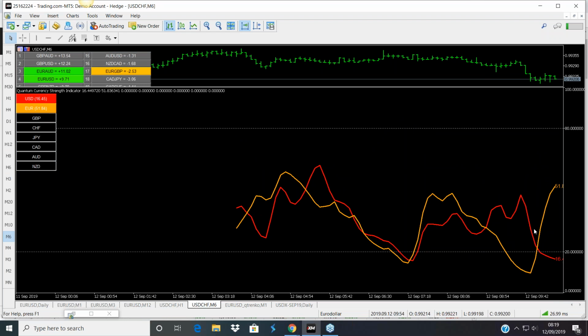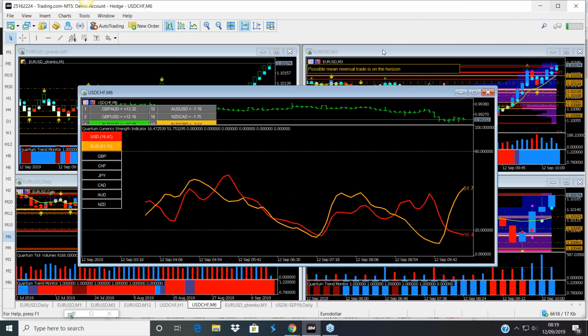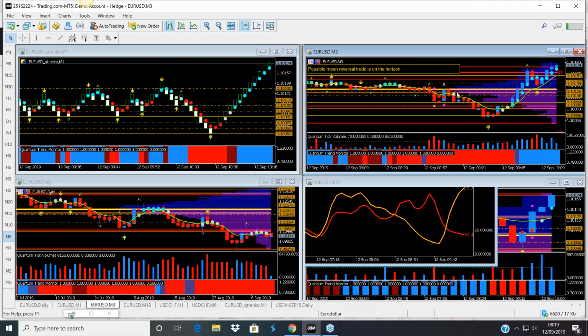This is the sharp fall in the US dollar. Now, what's interesting is the dollar is kind of coming to the end of its move lower, and you'll probably see that turn in the dollar in some of the other pairs. This has really been driven by the buying of the euro, as I said, ahead of the ECB. So that's what the CSI was telling us.